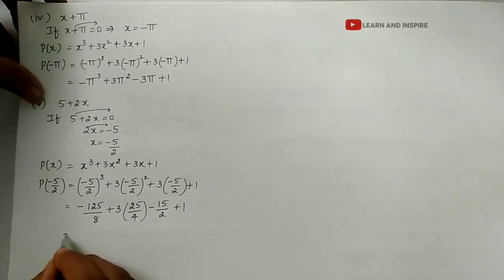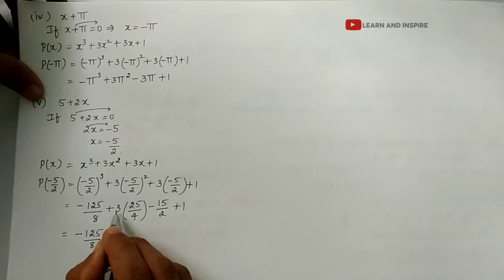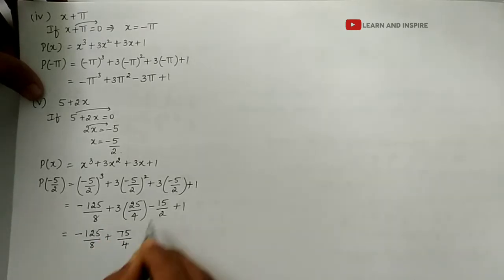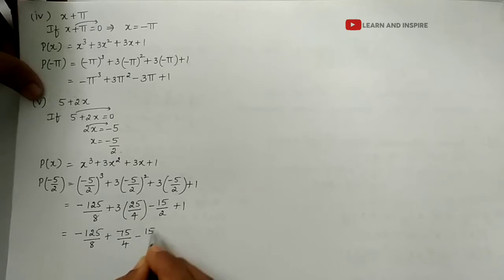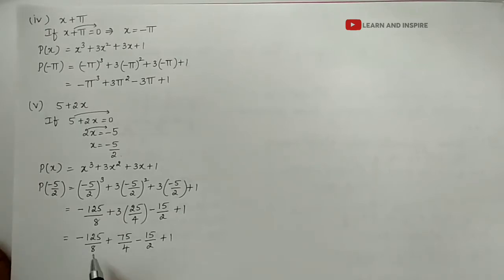Okay. Now what is the LCM here? So first I write another step: 125 by 8 plus 25 into 3 is 75 by 4 minus 15 by 2 plus 1. So what is the LCM here? As in the previous problem, the LCM is 8.